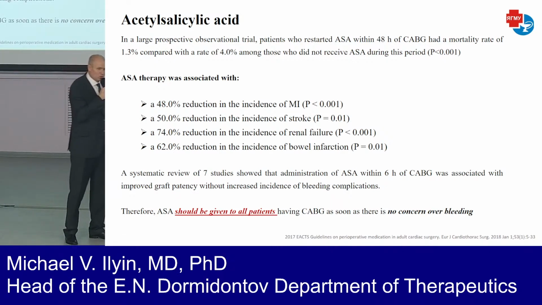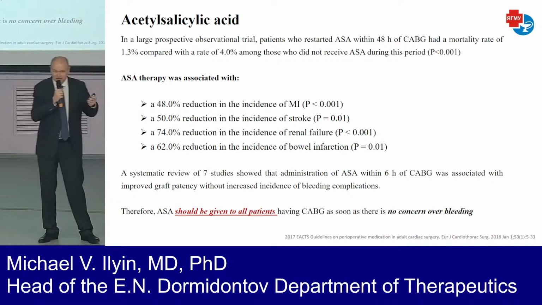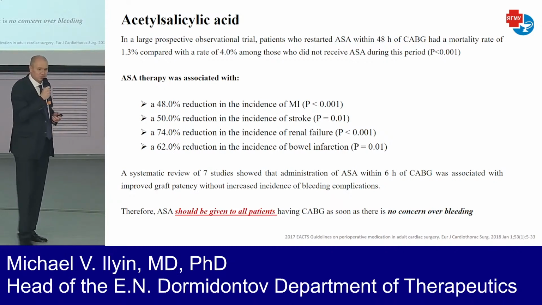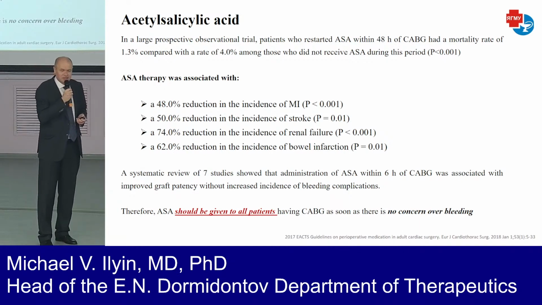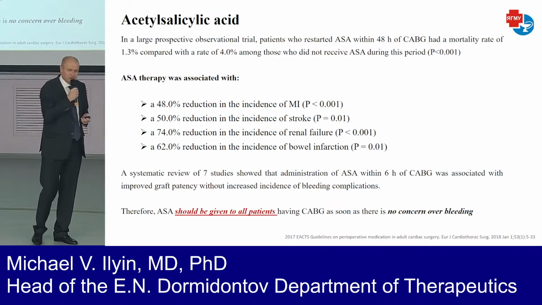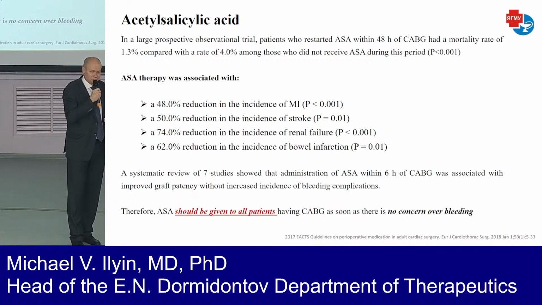And when we prescribe ASA therapy, it is associated with, look at these digits, a 48% reduction in the incidence of myocardial infarction, statistically significant, and a 50% reduction in the incidence of stroke.